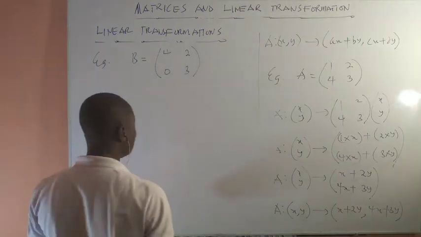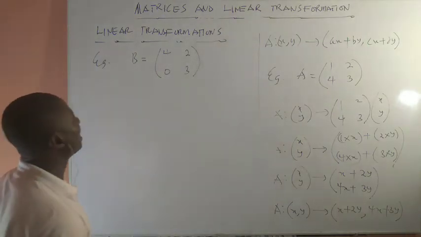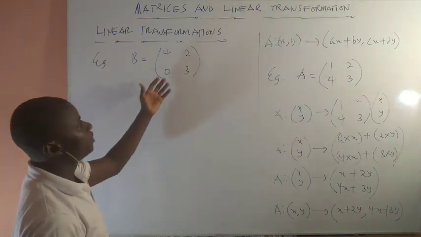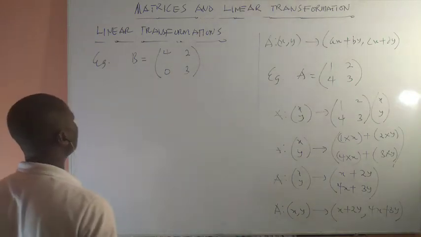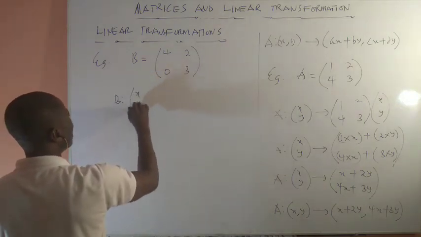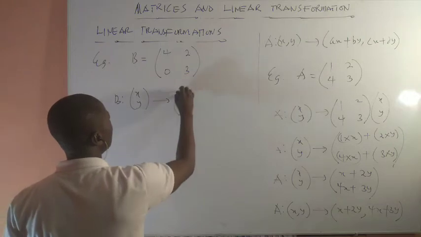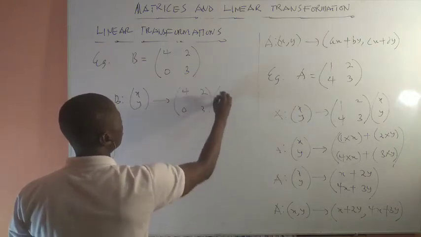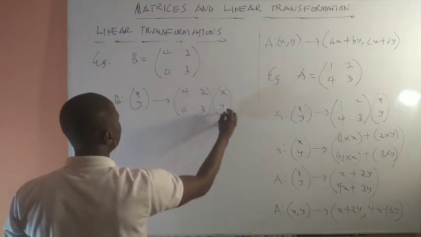This is the matrix. And let's assume that we are asked to find or deduce our linear transformation from this particular matrix. Don't forget, in doing that, we have B of x, y, and this one maps to, our matrix is 4, 2, 0, 3. Now we also introduce our x, y.